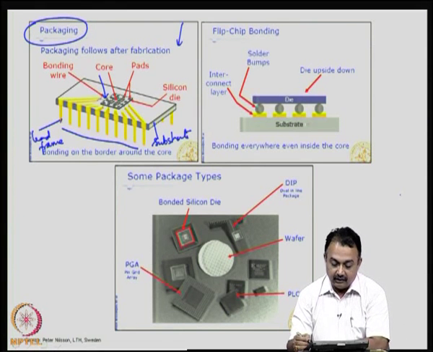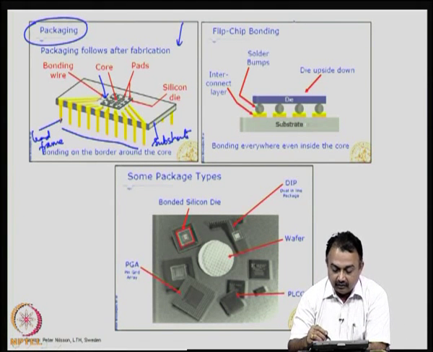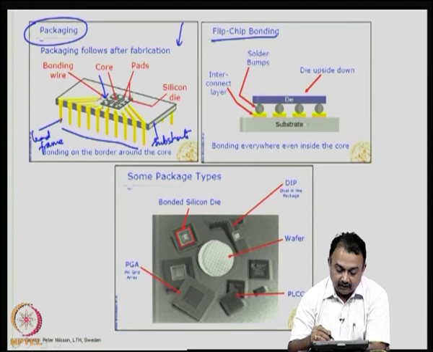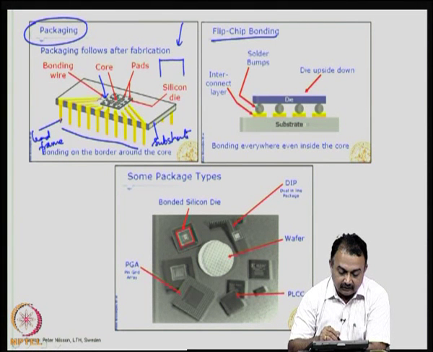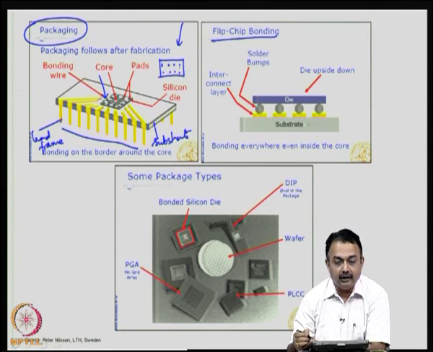Now, the other method is, or the other current process that we are using today is known as flip chip bonding. Normally, in this figure the die is like this and the bond pads are on top visible. Okay.